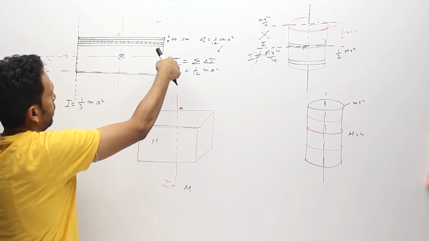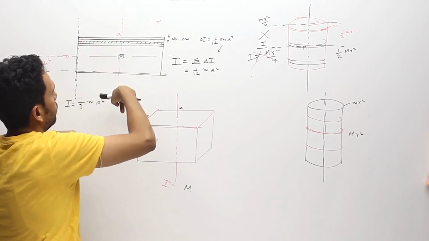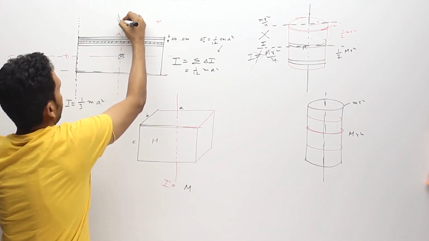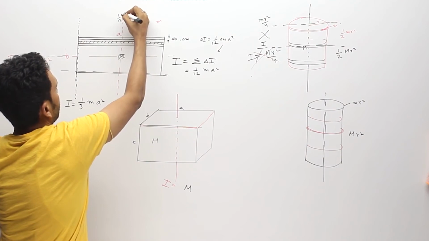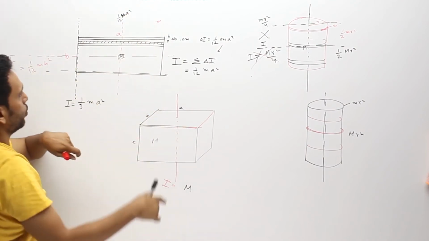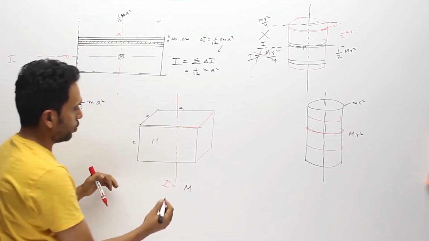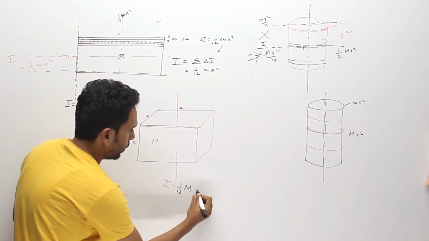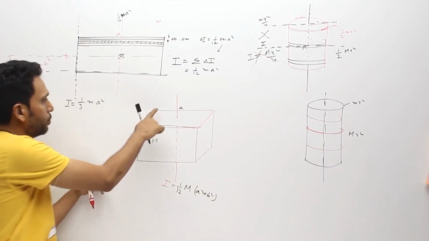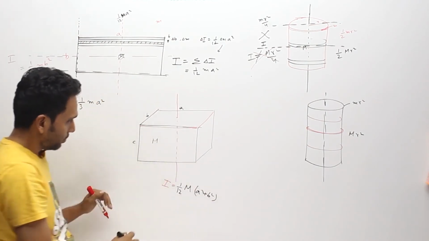This and this are along the plane and this is normal to the plane. So this one was 1 by 12 m a square, and this one was 1 by 12 m b square. So for the top plate it will be 1 by 12 m (a square plus b square). Small m is for the top piece only; for the whole mass it will be capital M. So that will be the answer.